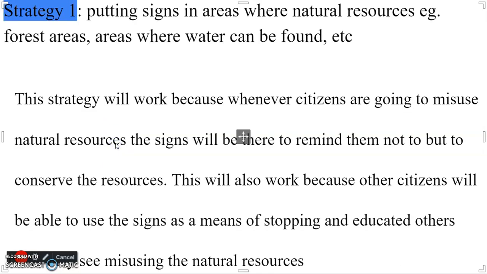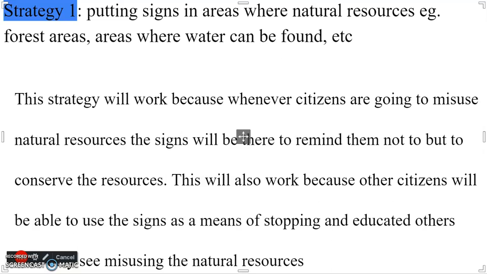So my strategy one is the government can put up signs in areas where natural resources are. For example, forest areas or beaches or water parks, they can put up signs there, right? So this strategy, I believe, will work because whenever citizens are going to misuse natural resources, the signs will be there to remind them not to, but to conserve the resources.